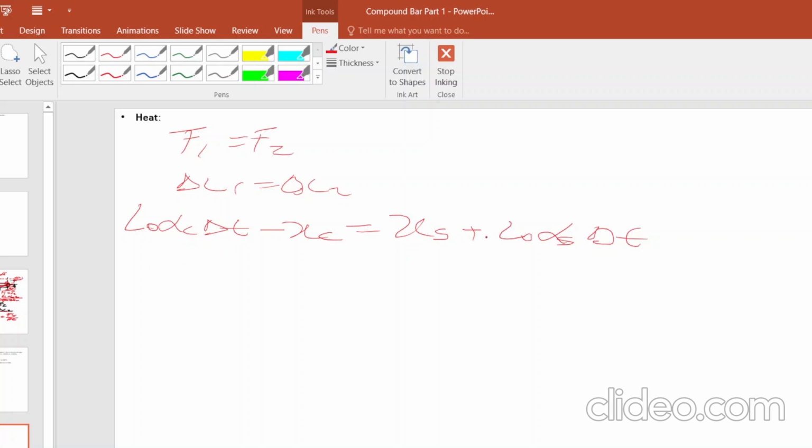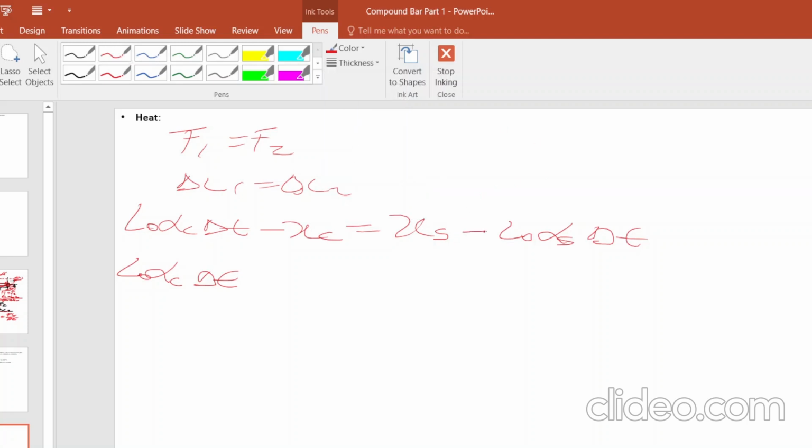Then when we transpose α copper, change in temperature, to that side, remember here it's a minus. It's not supposed to be a plus there, it's supposed to be a minus.